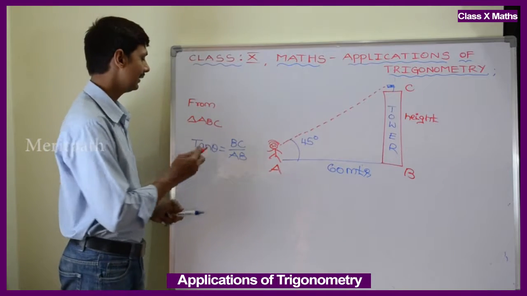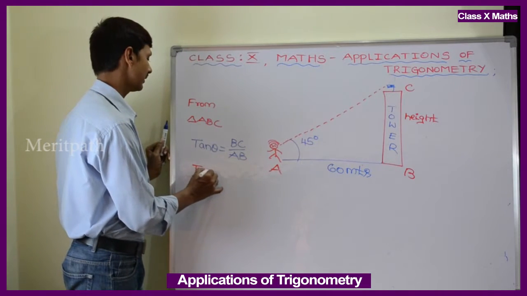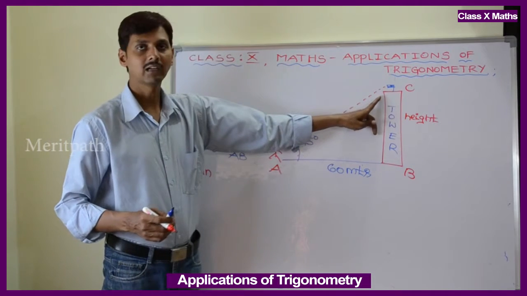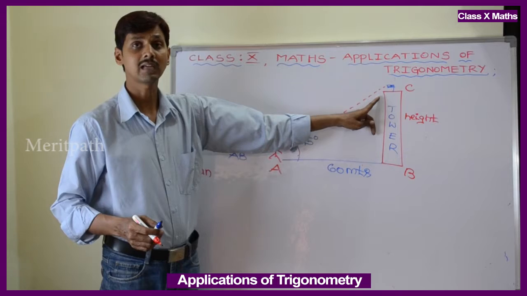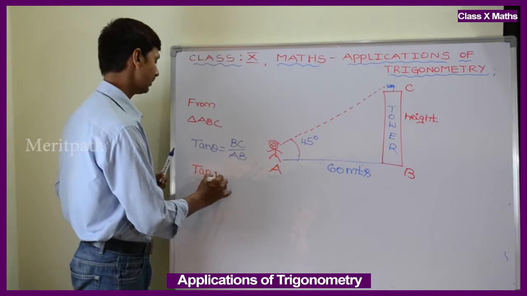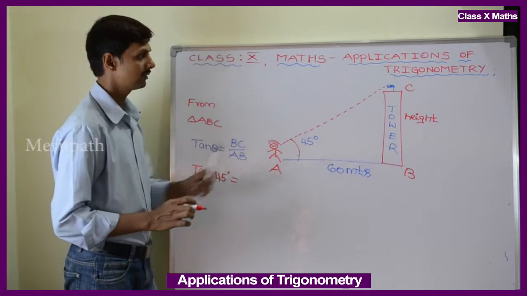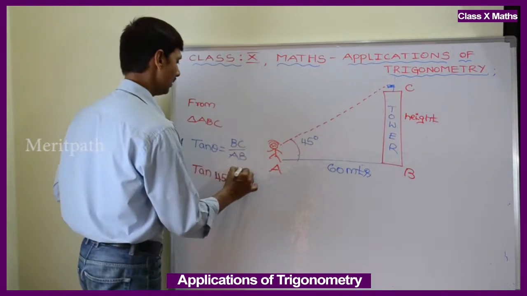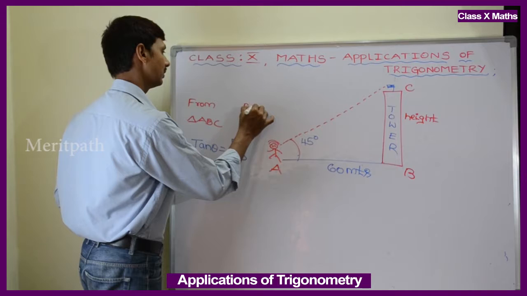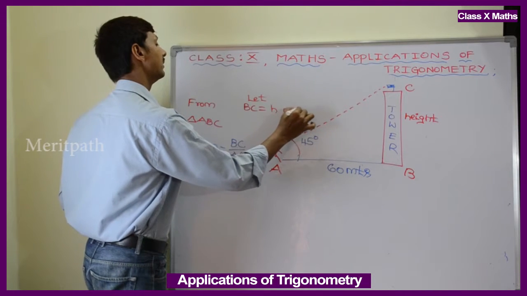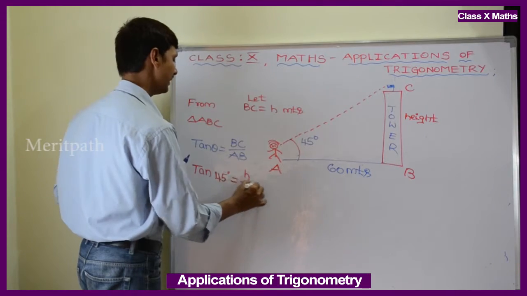So tan theta, where the angle formed is 45 degrees, the angle of elevation. So tan 45 degrees is equal to BC divided by AB. BC we don't know, so let us take BC as h meters. So h divided by AB.